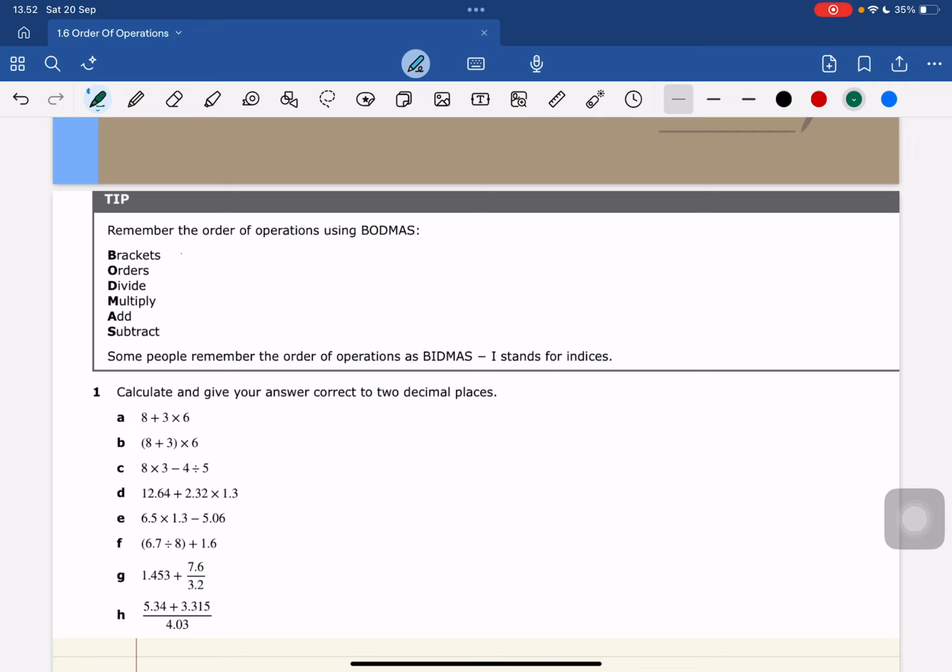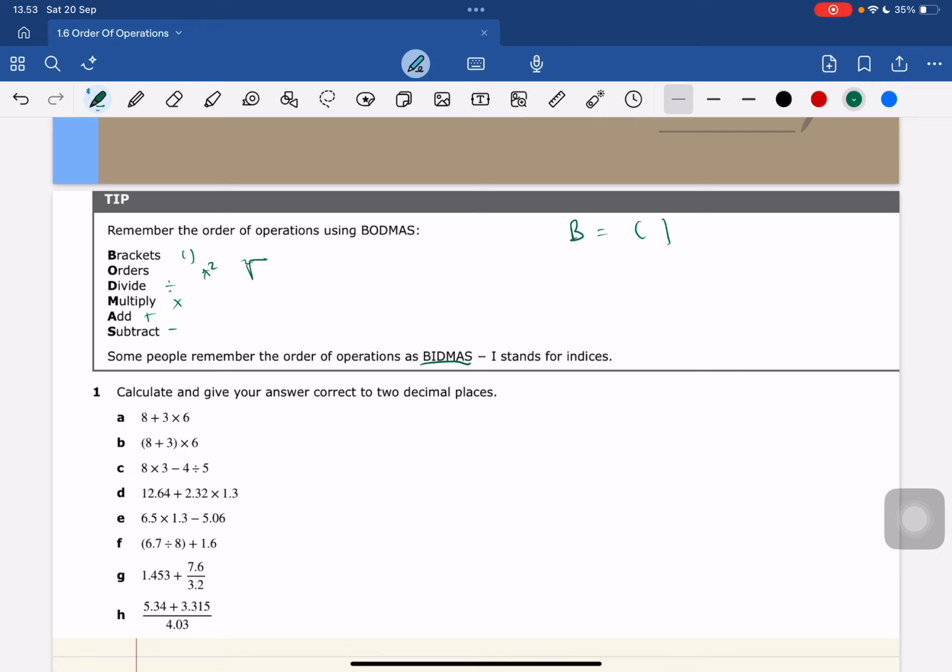So this is bracket, order, like indices, division and multiplication, addition and subtraction. We can make it as a label for BIDMAS.